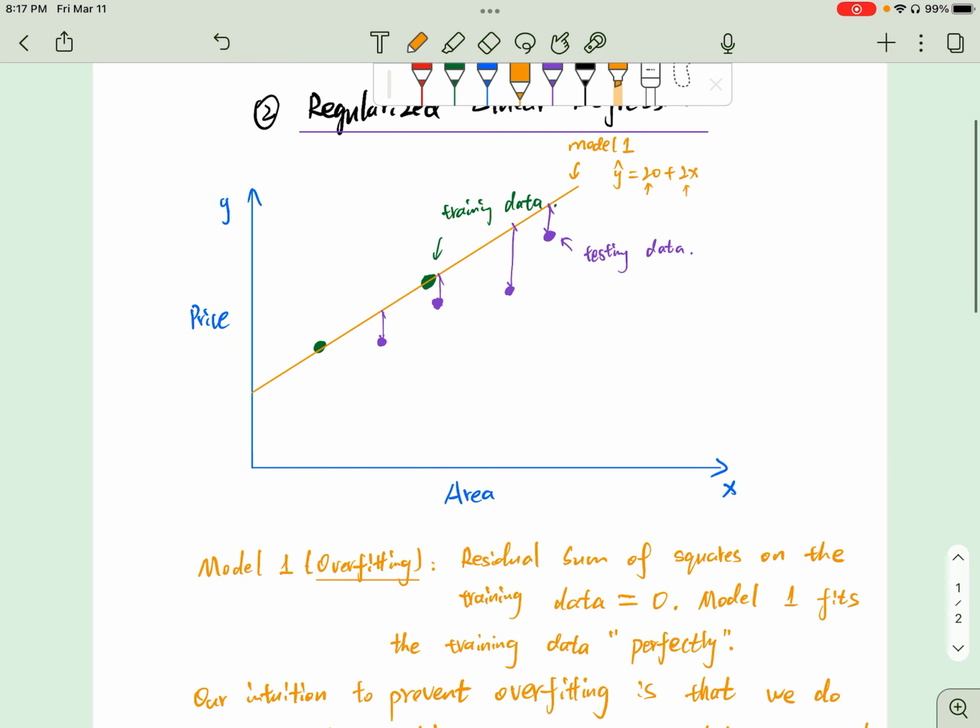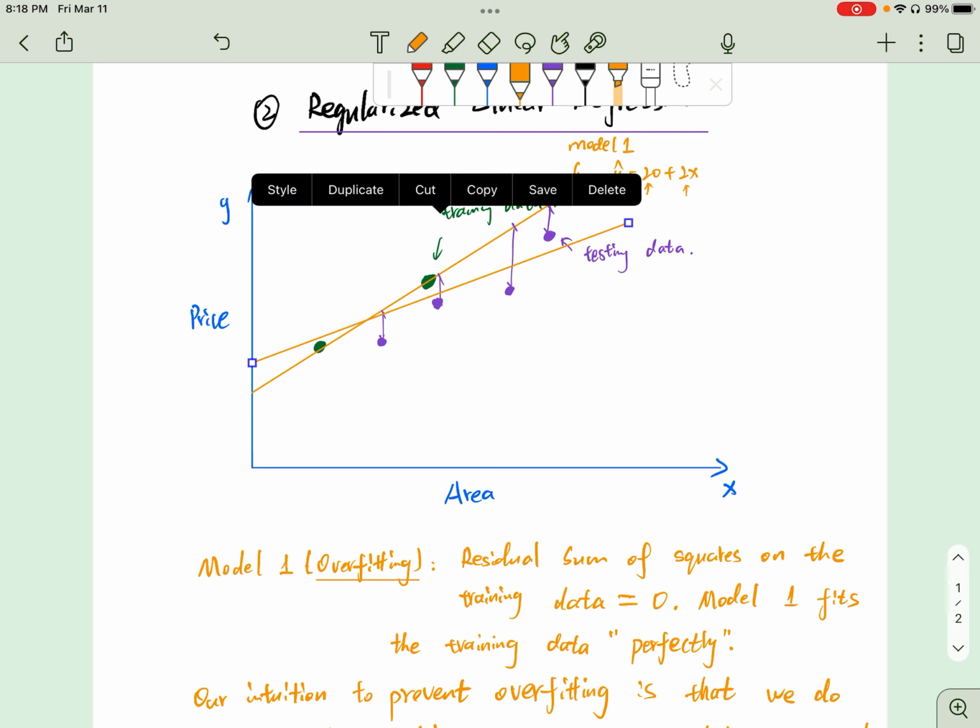Okay, so here we have these two, training sample and testing sample, and maybe easily you may say that maybe this model is better. You can see this model didn't fit the training data so well, and when you calculate the error of this model on the testing data, it will give you a much lower testing error.